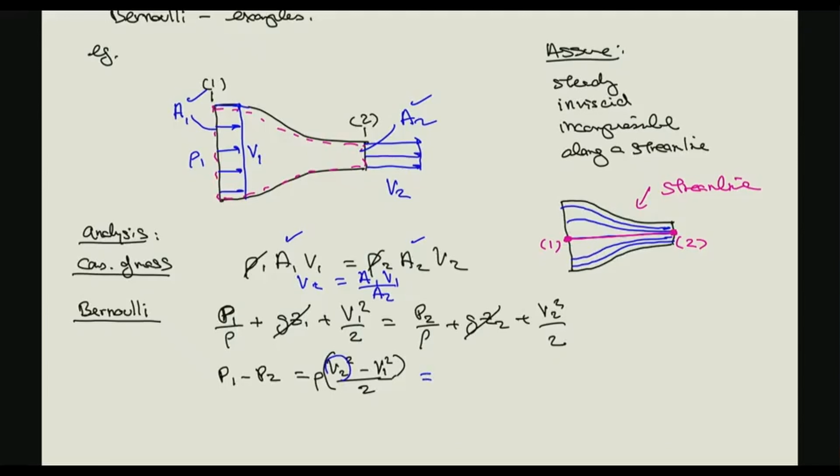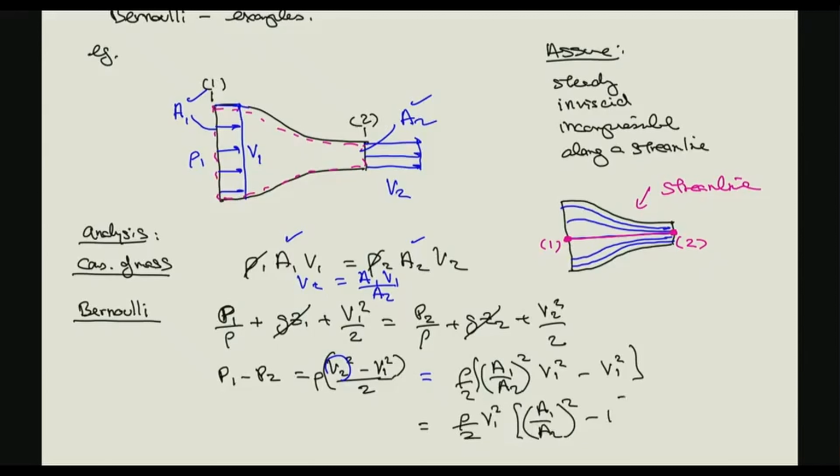We have rho times A1 over A2 squared V1 squared minus V1 squared over 2, or rho over 2 V1 squared times A1 over A2 squared minus 1. So that gives P1 minus P2.